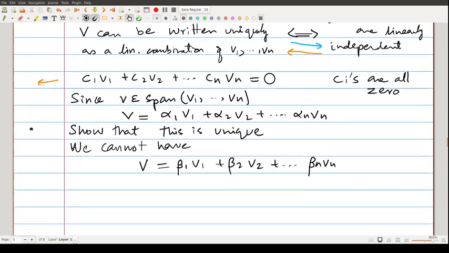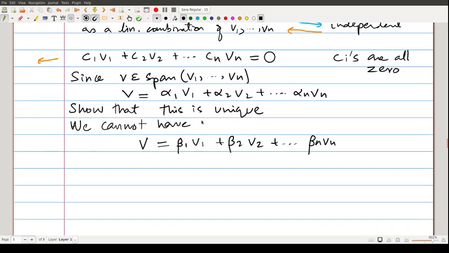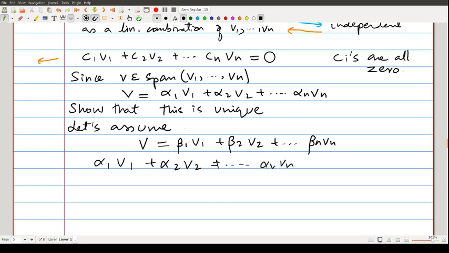To show that, let's assume by contradiction that v can be written this way, where the alpha i's and beta i's are not equal. If we assume that v can be written with different coefficients, then we can combine these two equations. Alpha 1 v1 plus alpha 2 v2 plus dot dot dot alpha n vn is a representation for v, and we're claiming that we can write it in some other representation where these coefficients are different.